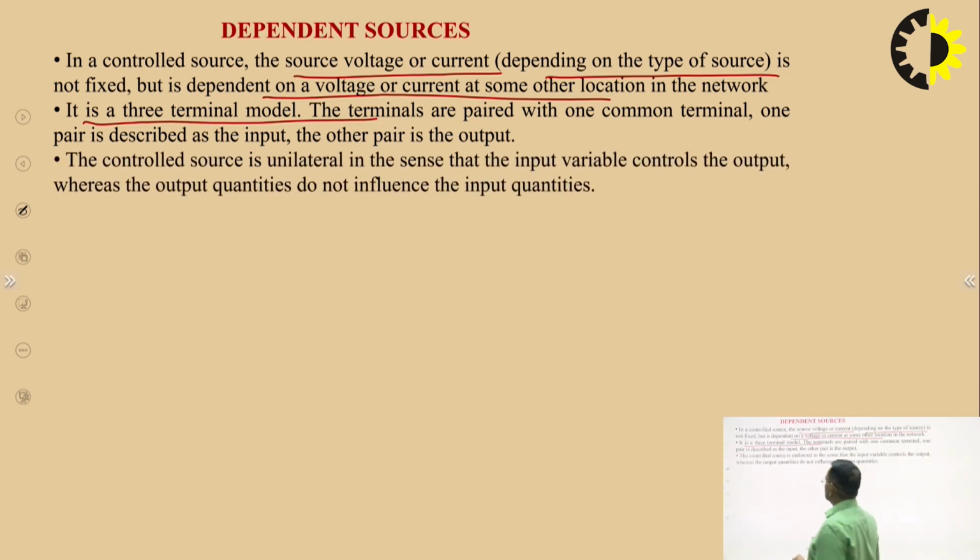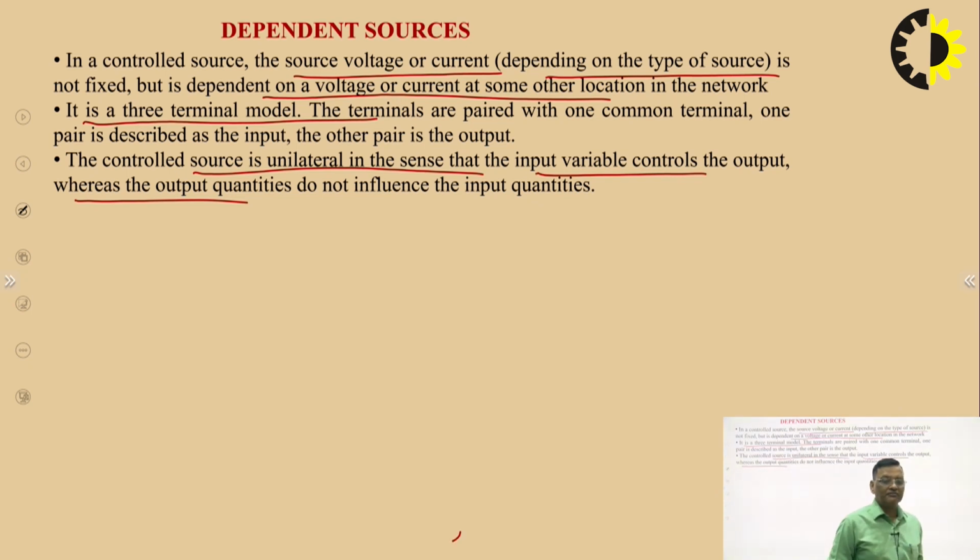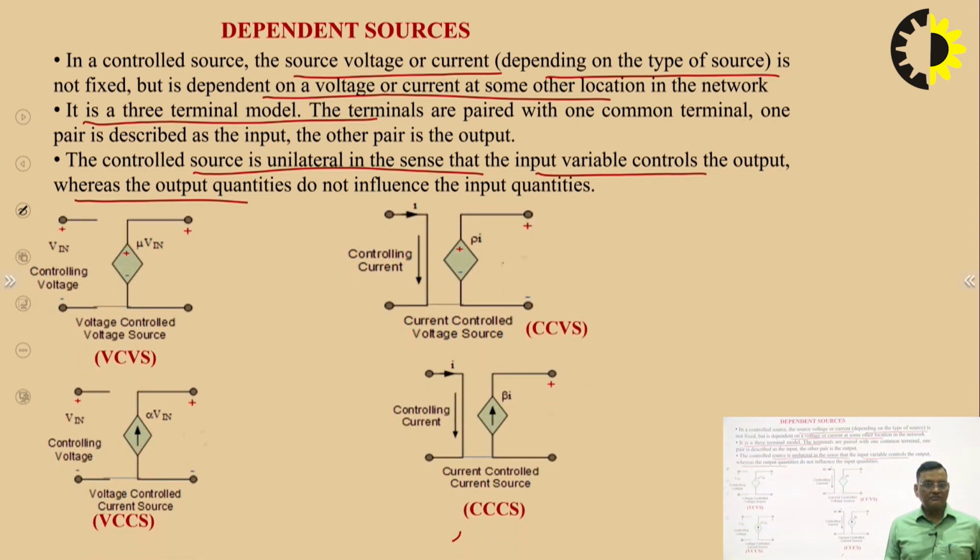The controlled source is unilateral in the sense that the input variable controls the output variable, whereas output quantities do not influence the input quantities. These are some symbols of dependent sources. There are 4 types of dependent sources.